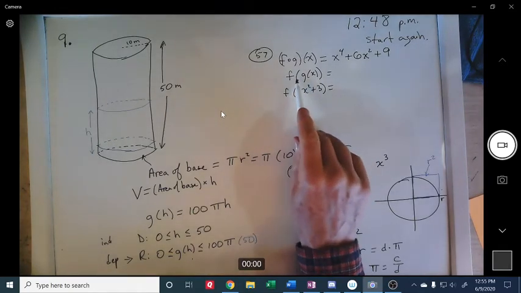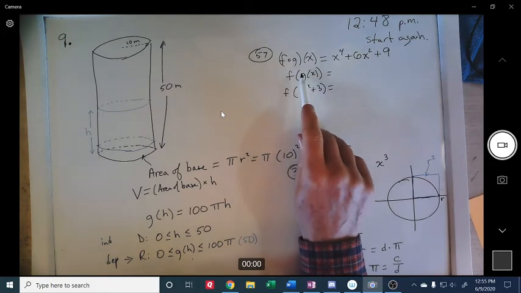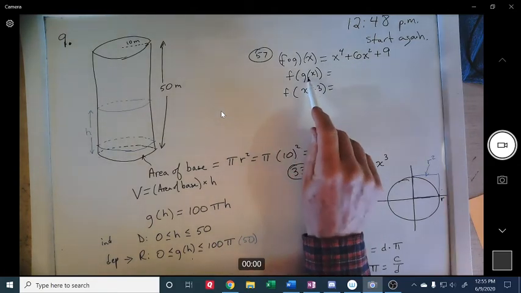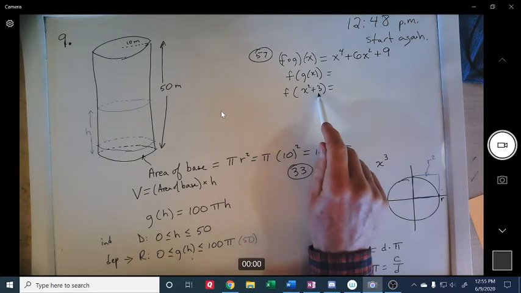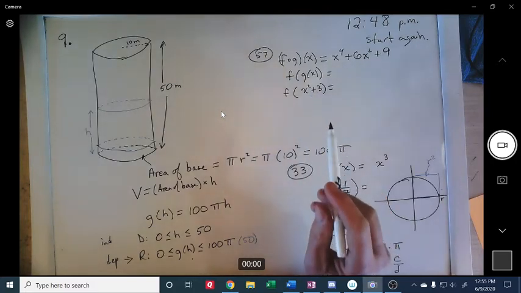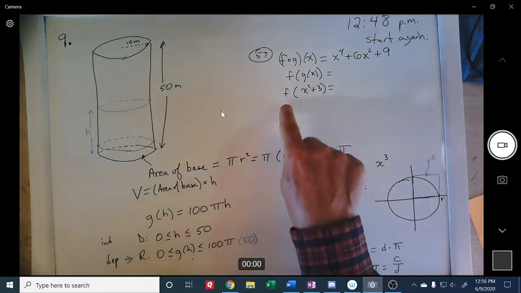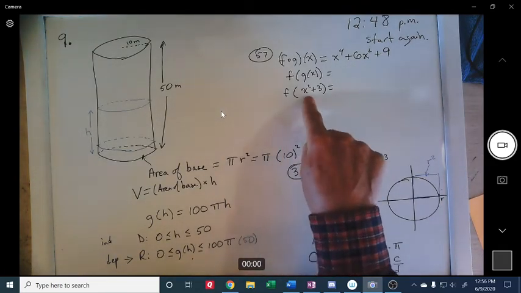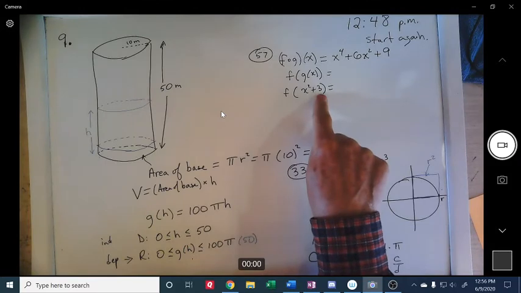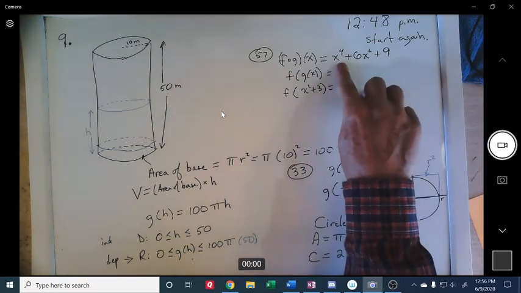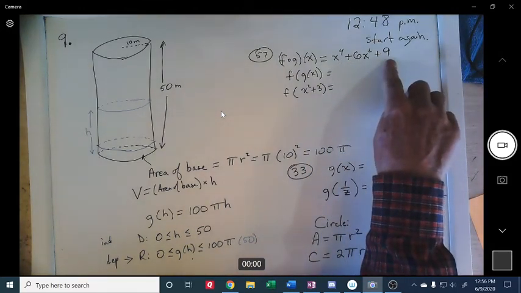You keep them in the same order. This means the same as that. They tell us that g of x is x squared plus 3. So now we're trying to find the function f. F is something that we do to x squared plus 3 so that its result becomes this.